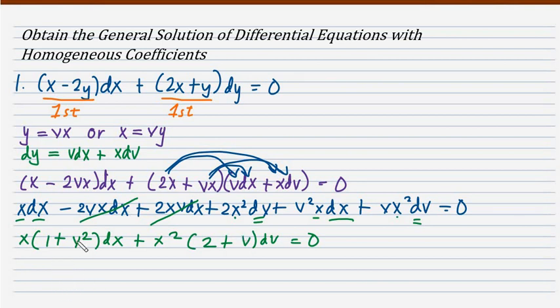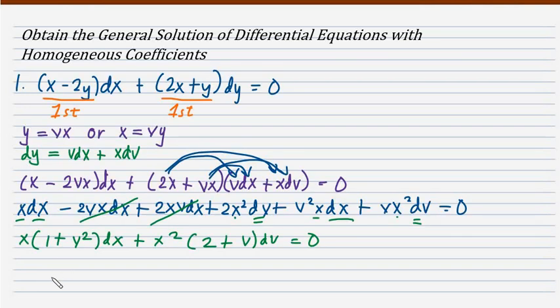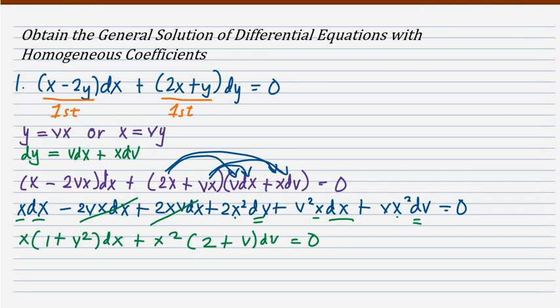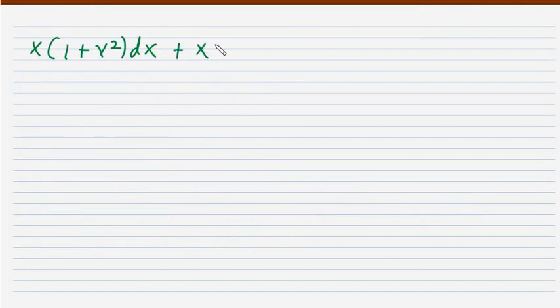As you can see, we have arrived at a differential equation that can be solved using separation of variables. So let's write that on our next page: x times the quantity 1 plus v squared dx plus x squared times (v plus 2) dv is equal to 0.